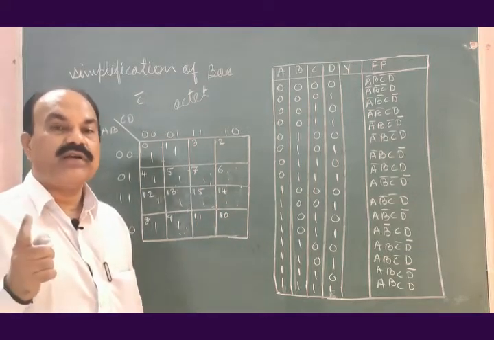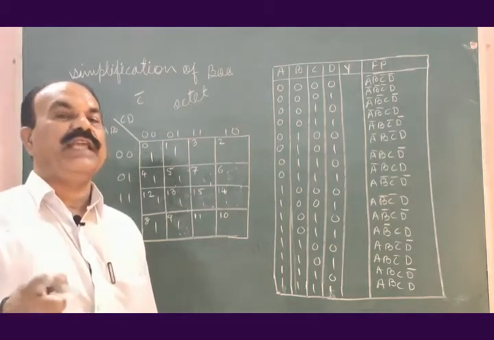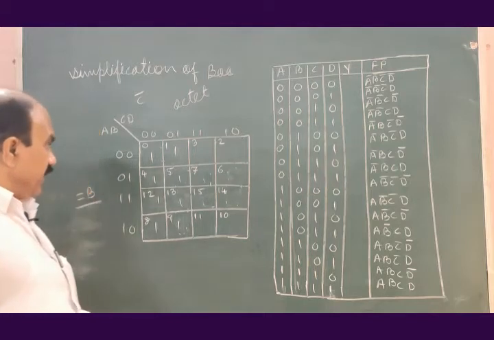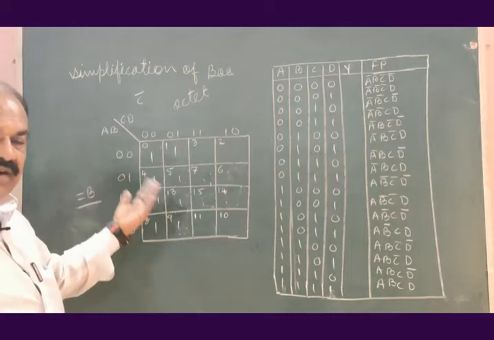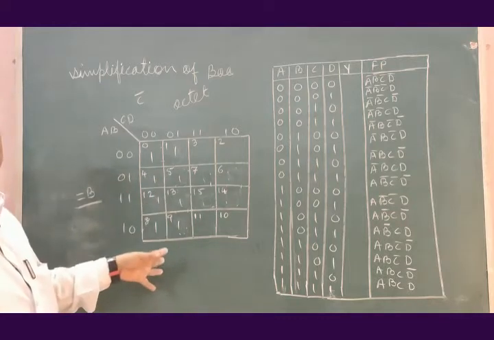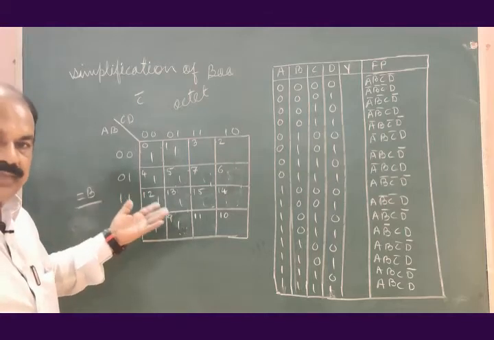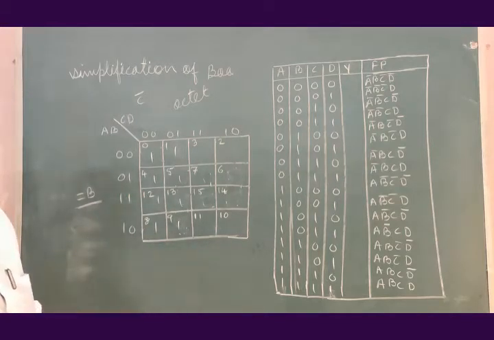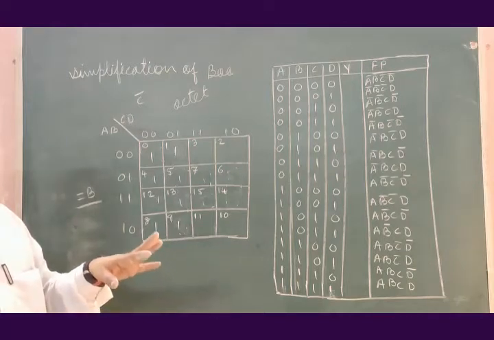Then search for a quad, and after that search for a pair. If you are not getting the octets, the quads and the pairs as I have explained here, other ways are also there to form octets, quads and pairs.